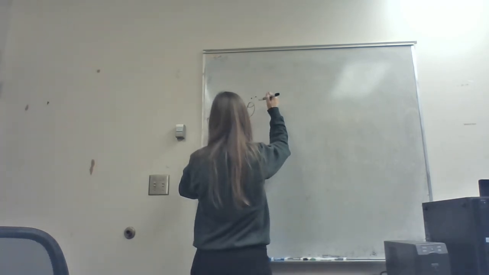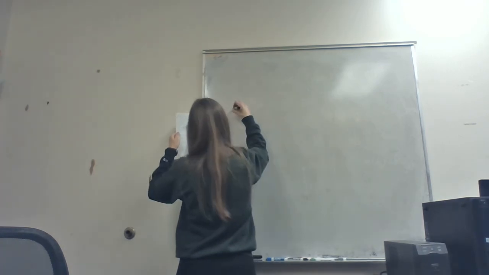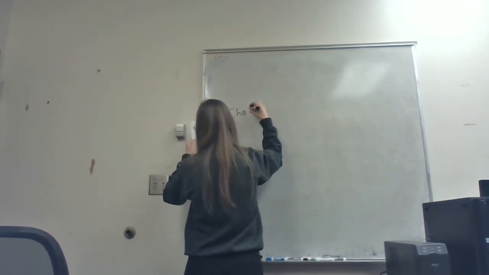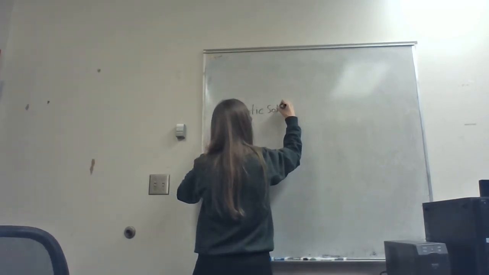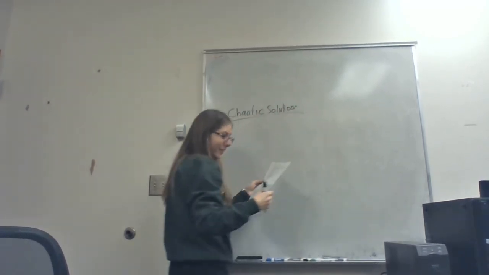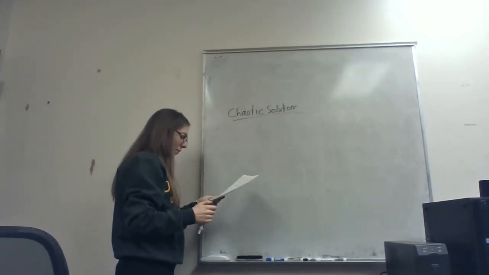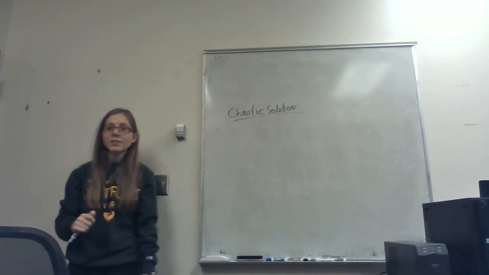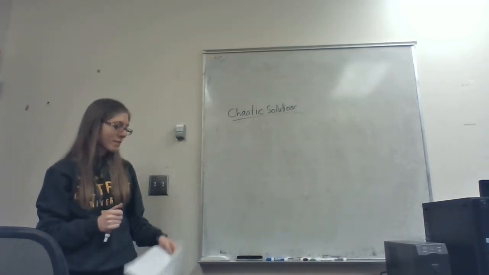So, what's this one about? I think I did that one. Oh, chaotic solutions. So this also, I was like, whoa. Chaotic solutions. Wow, that sounds fascinating. What is that? It's not as cool as it sounds. Basically, it just means we didn't really know what the solution was. It kind of varied over time.